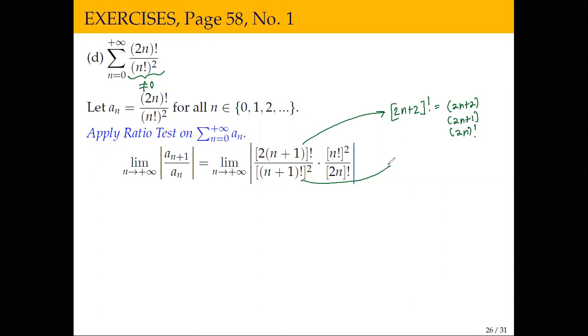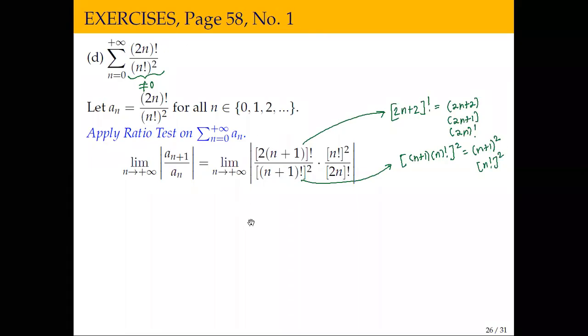Let's look at this one. This is just equal to n plus 1 times n factorial, squared. So this is just n plus 1 squared times n factorial squared.